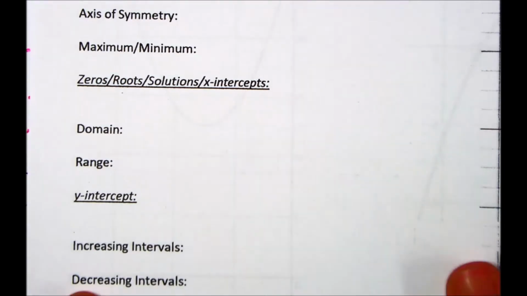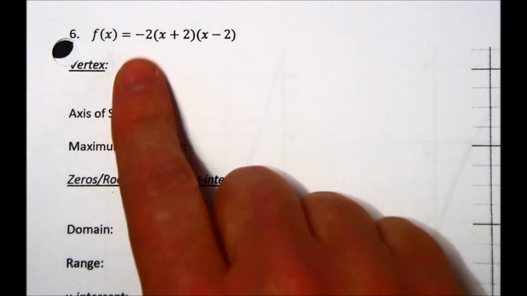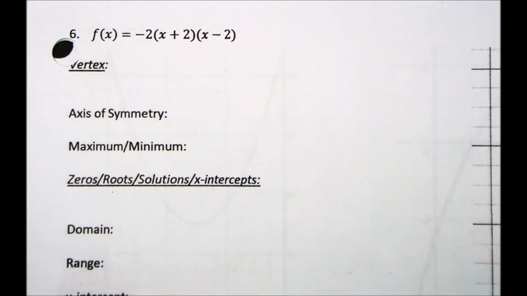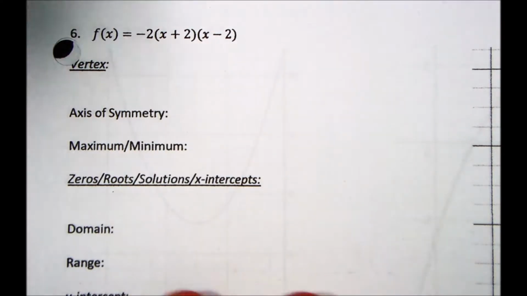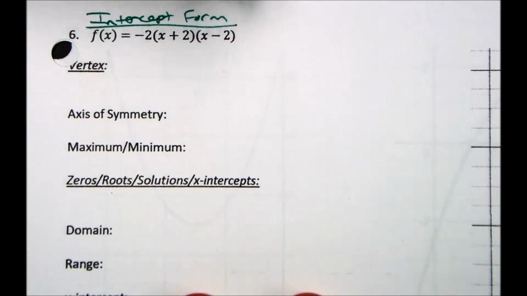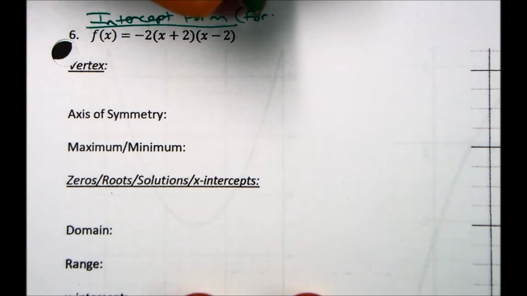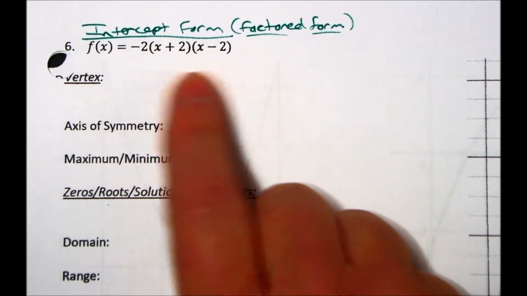But if we didn't have the graph, which you're not going to be given on the next assignment, you'll just be given the equations. When you're given the equation in intercept form, or factored form, the equation is already factored.